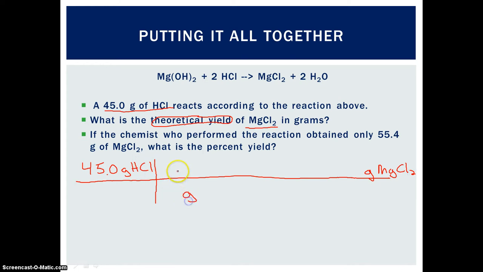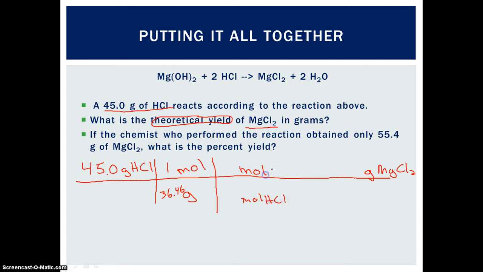So grams per mole of hydrochloric acid, from the periodic table, one hydrogen and 2 chlorines, that'd be 36.46 grams.